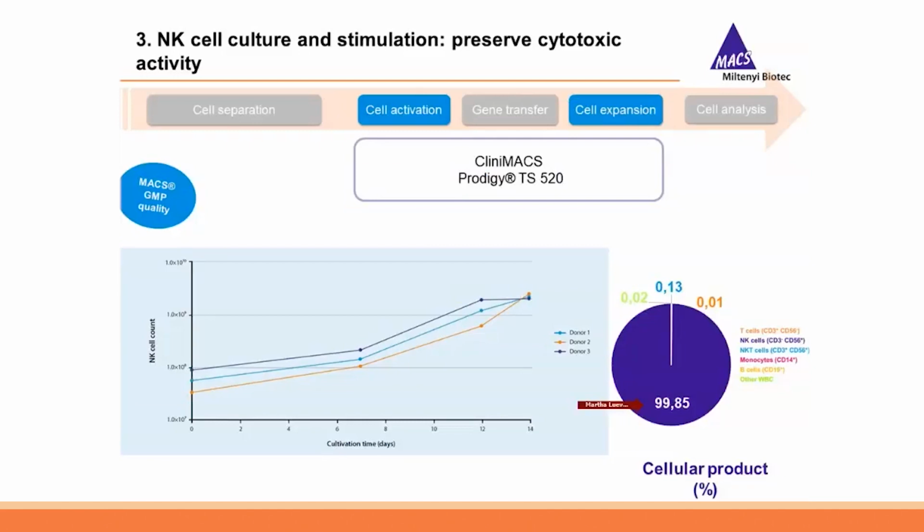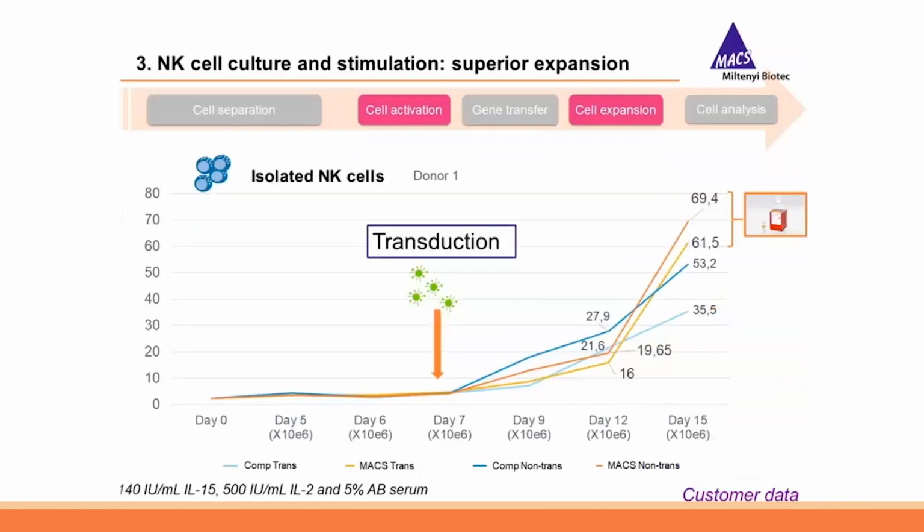I'll show you some data now regarding the expansion, but also including the transduction. First, I asked a customer to test their system compared to ours. So this is data from a customer. I gave her our NK-MAX media, our cytokines, and also our vectorfusin, and I asked her to do expansion of NK cells compared to their own system.